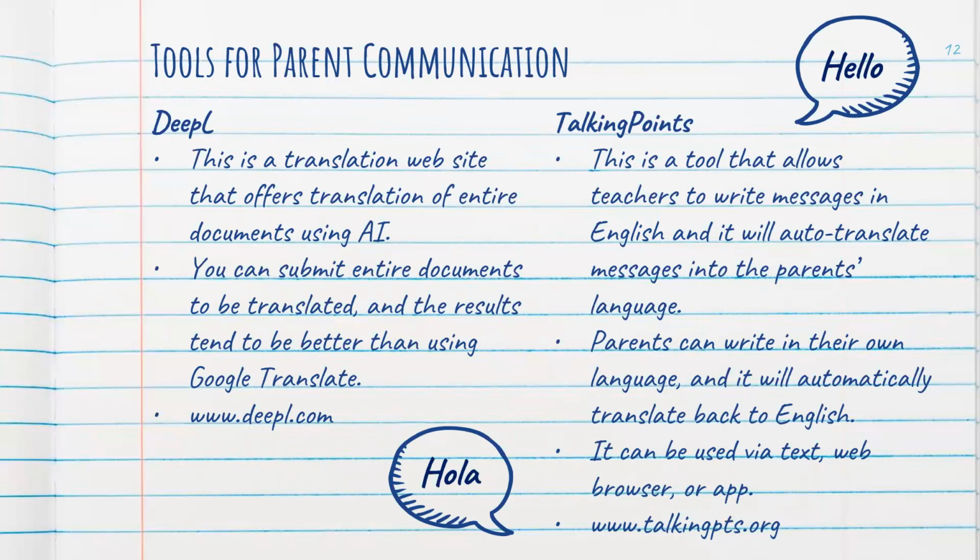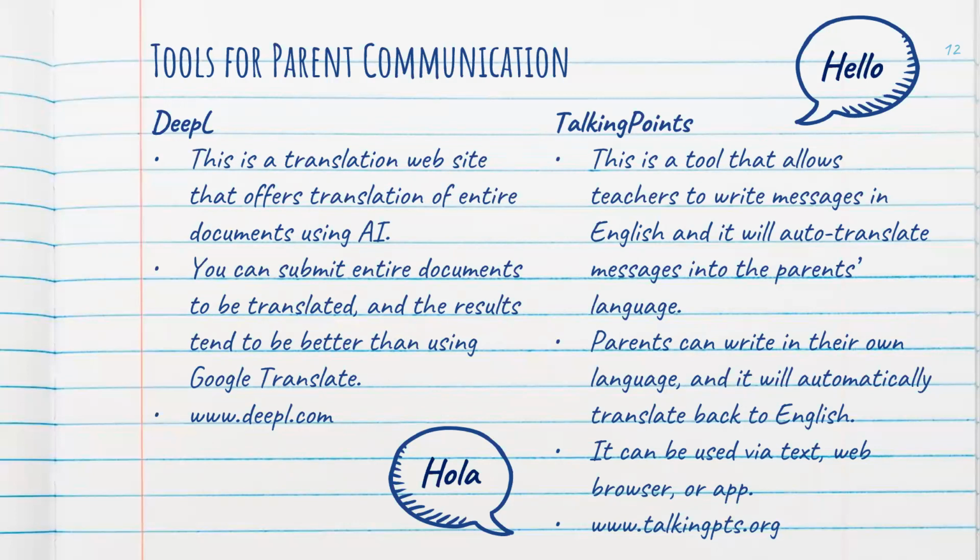Another one is called Talking Points, which is made by a nonprofit. And it is made for schools and educators to communicate with parents. You can write messages in English and it will auto-translate the messages into the parent's language.